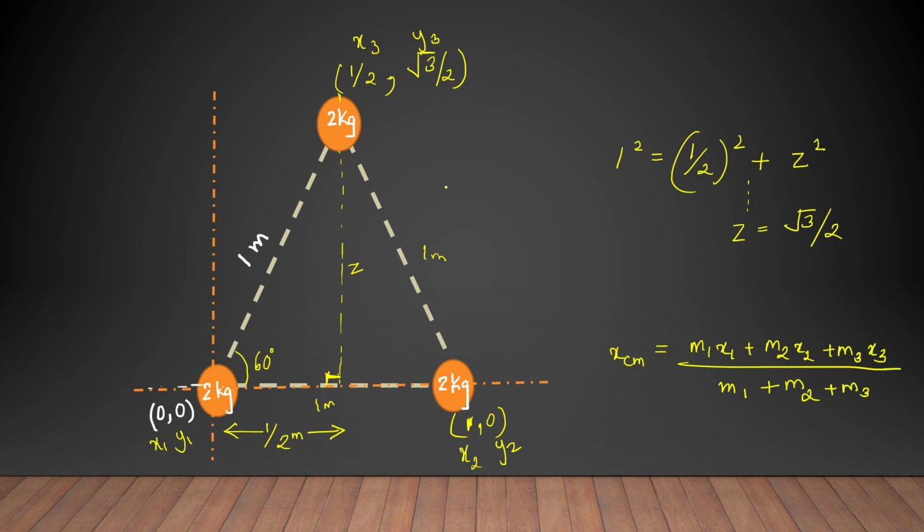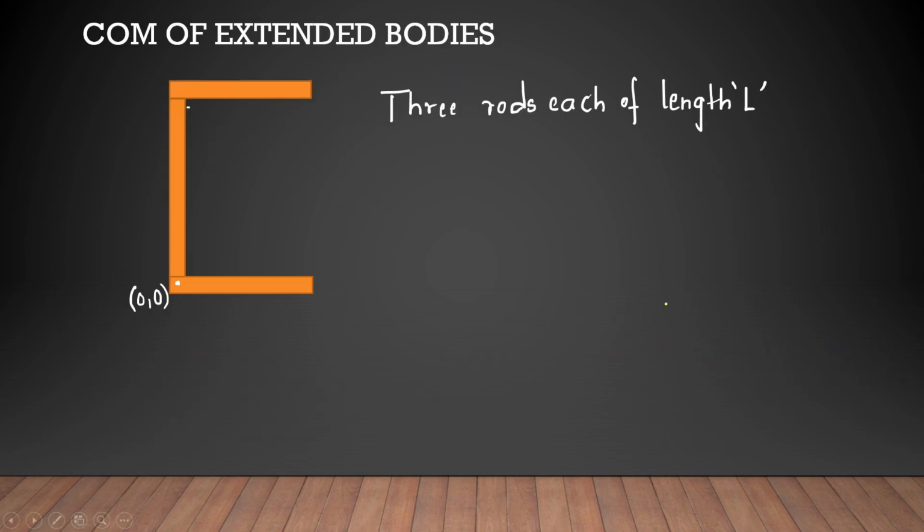Add up all of those values by putting individually. Okay, if we are taking this as x1 and this is y1, so this is m1. Okay, similarly this is m2 and this is m3. By substituting the values we can find xcm as well as ycm. Okay, ycm we get root 3 by 4 and xcm we get 7 by 12 meters. So this was the questions based on point masses.